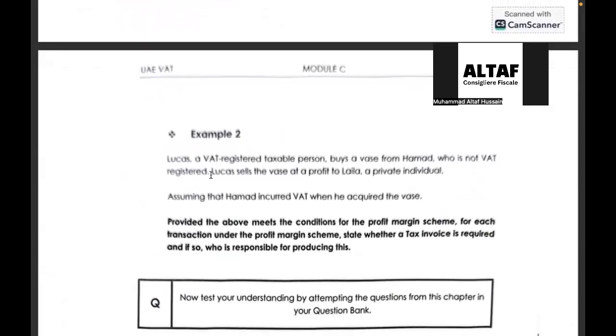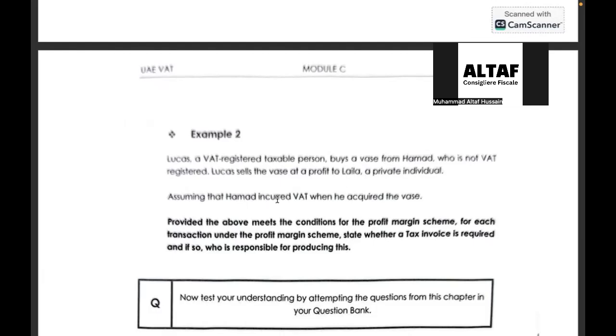There's another example. Lucas, a VAT registered taxable person, buys a vase from Hamad, who is not VAT registered. Lucas later sells the vase at a profit to Leila, who is a private individual, a member of the public.